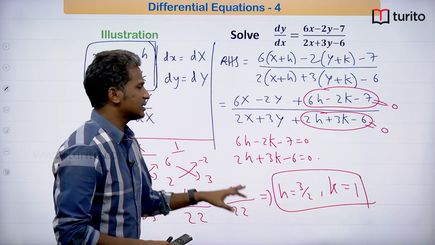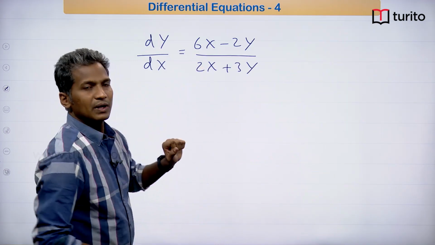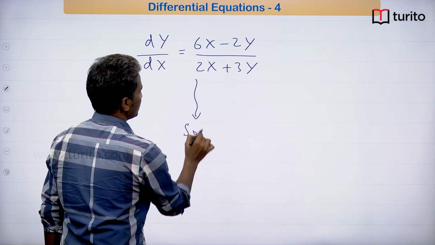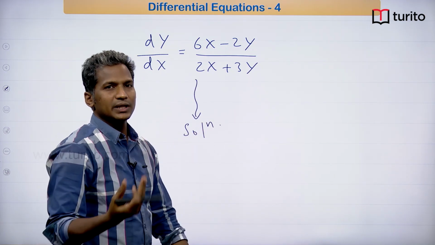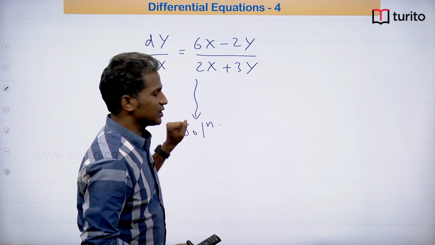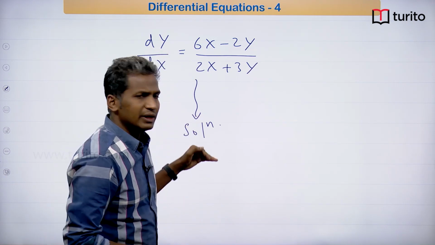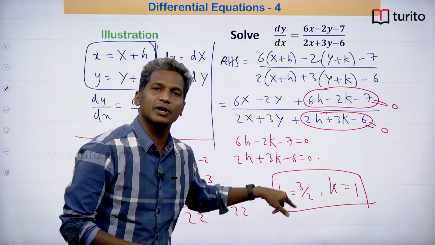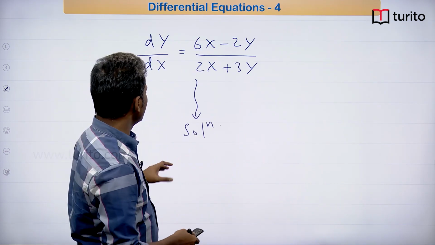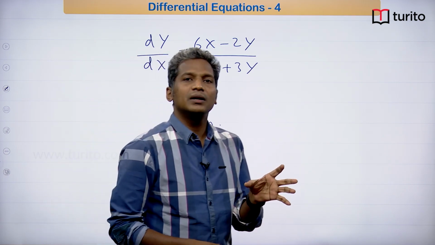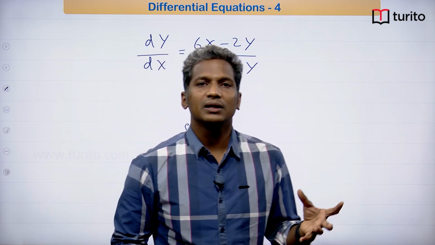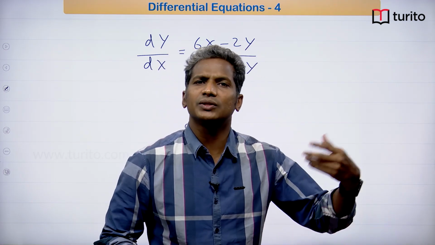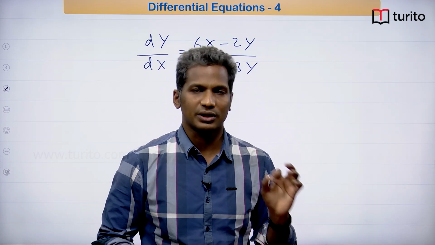So when we solve this differential equation, we may get one solution. That could be a general solution or particular, but we get one solution. So after we get the solution, we have to go for the reverse substitution using these values of h and k. So that means the solution will be a family of curves centered at the origin. Maybe there will be a center or there is no center, but the reference point is the origin.